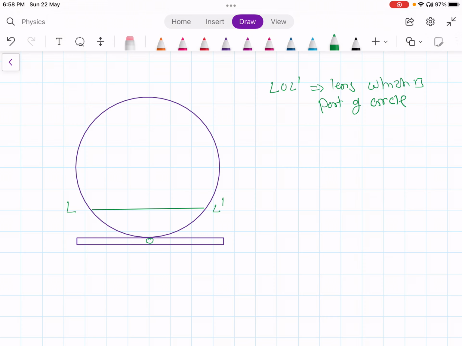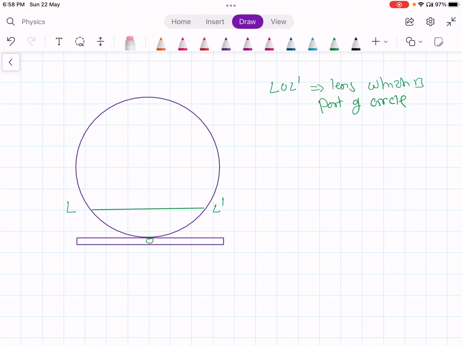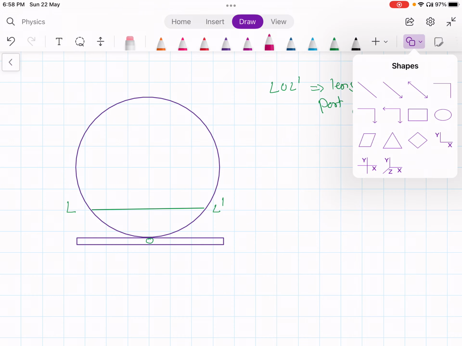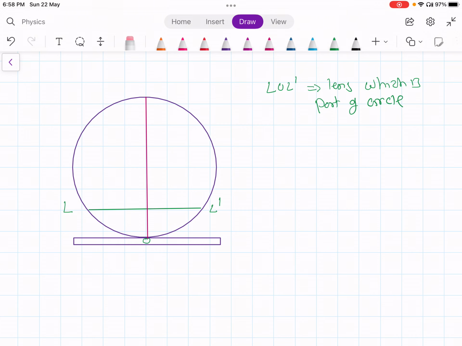Okay, that lens LOL dash is a lens, and that lens is a part of a circle whose diameter is D. So this is the diameter of that circle, and the center is, let's say, at point C over here.